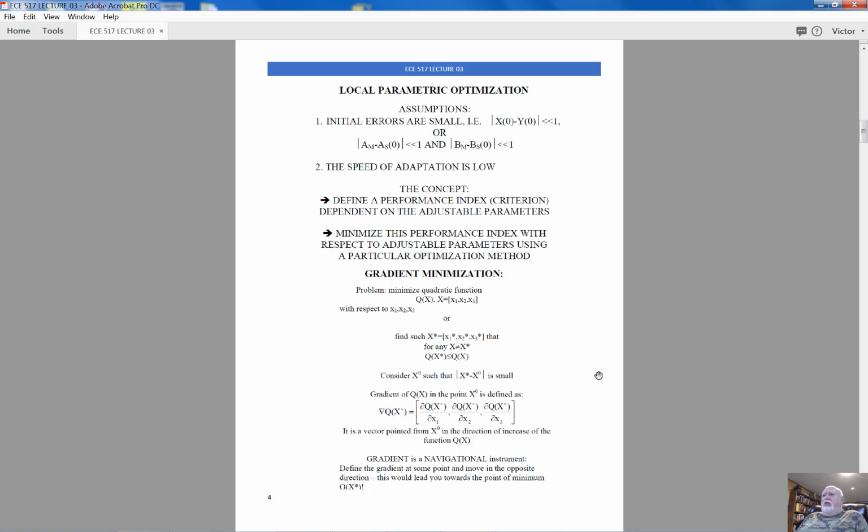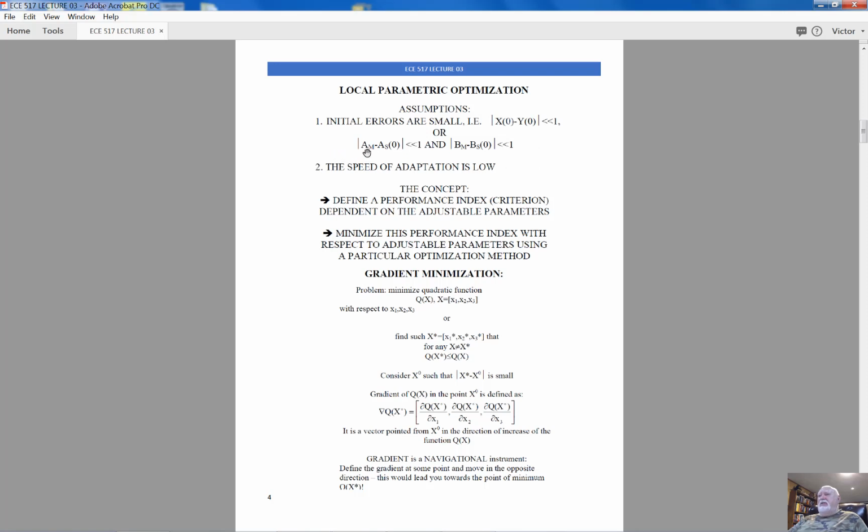All right, so our first assumption is that initial errors in the system are small, which means that the initial discrepancy between the state vector of the reference model and the adjustable system is quite small.